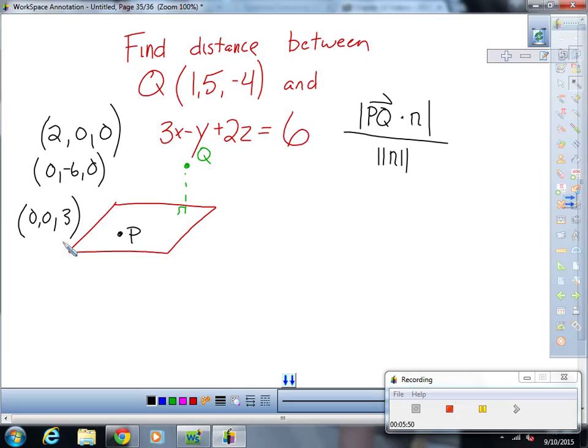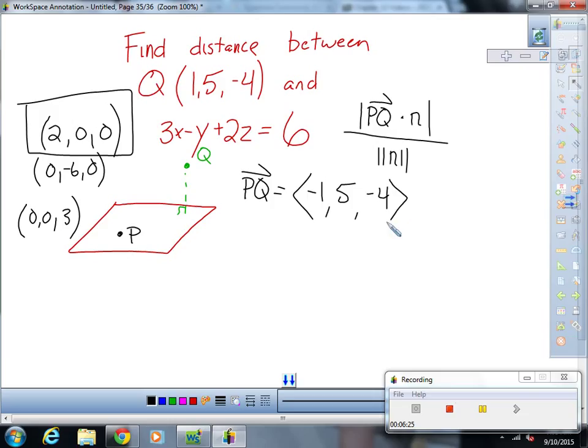So, PQ is going to be defined as, all right, again, we are using this point. So, 1 minus 2 is negative 1. 5 minus 0 is 5. Negative 4 minus 0 is negative 4. So that is PQ.